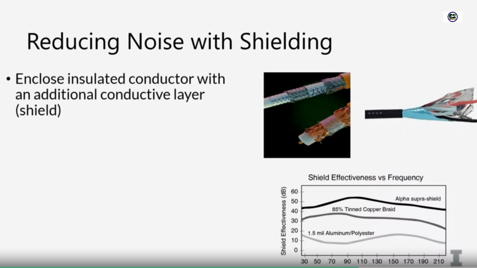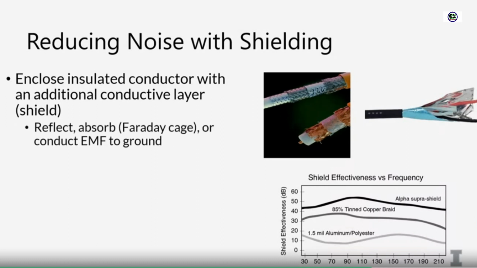So in general, we're going to take our conductor or device and encapsulate it in an additional conductive layer called a shield. And what the shield is going to do is absorb the electromagnetic interference, or reflect it, or conduct it to ground. It's going to protect what's inside of it from that electromagnetic field.